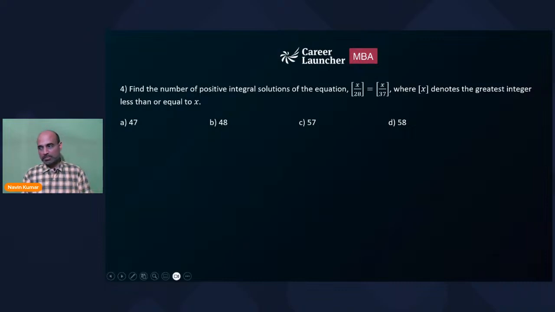So a person will be able to solve this under a minute's time only if that person is comfortable with greatest integer function, also known as floor function, also known as step function. If you're not comfortable with this, no matter how much you try, it will take a lot of time.